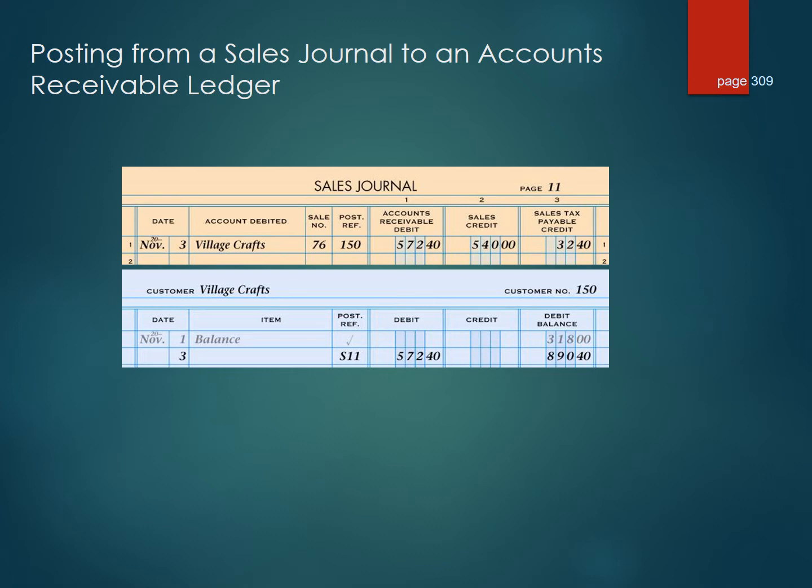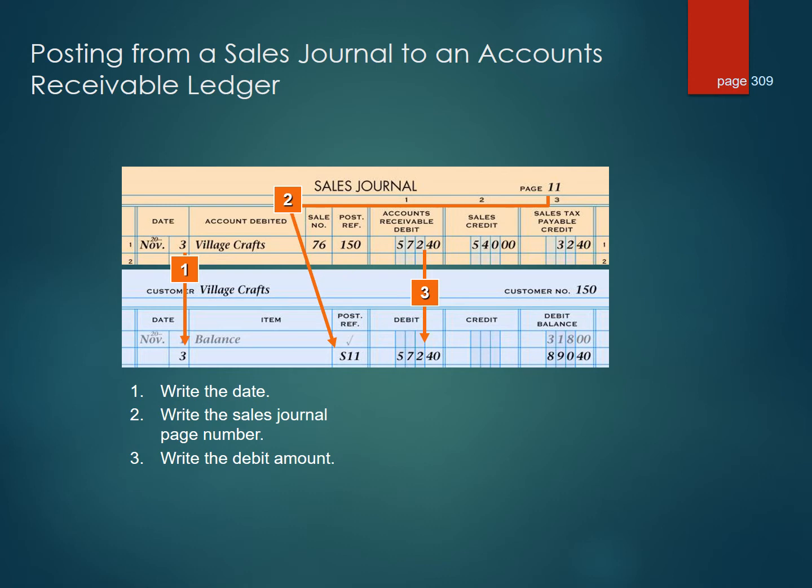So we will need to post this individual transaction for Village Crafts into our customer account. So we will go to our customer account in our subsidiary ledger, write the date, write the sales journal page number S11 representing sales journal page 11.